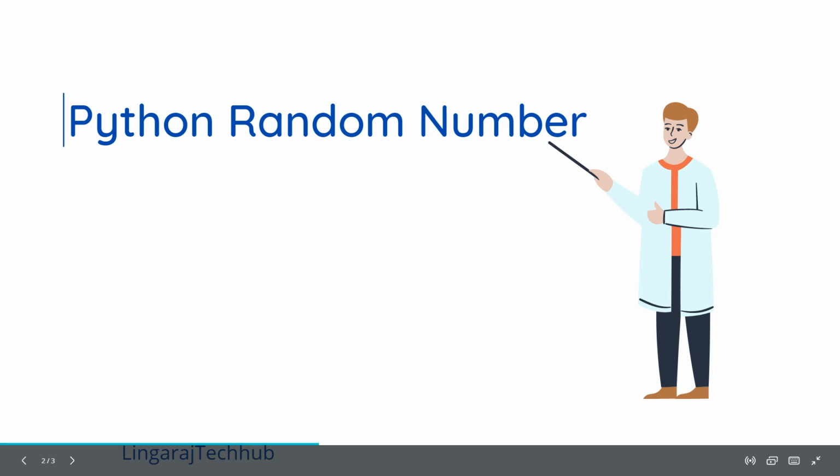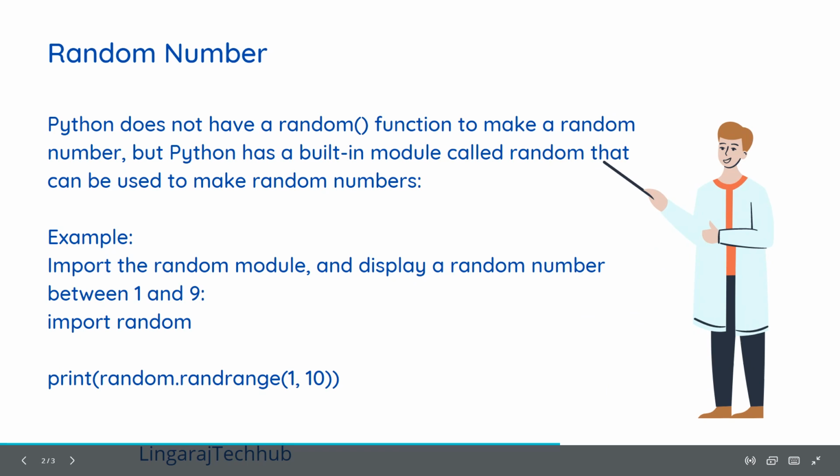How? See. Python does not have a random function to make a random number, but it has a built-in module called random that can be used to make random numbers. Here we are going to print or display any random number between 1 to 9. It is written as a random range of 1 to 10.